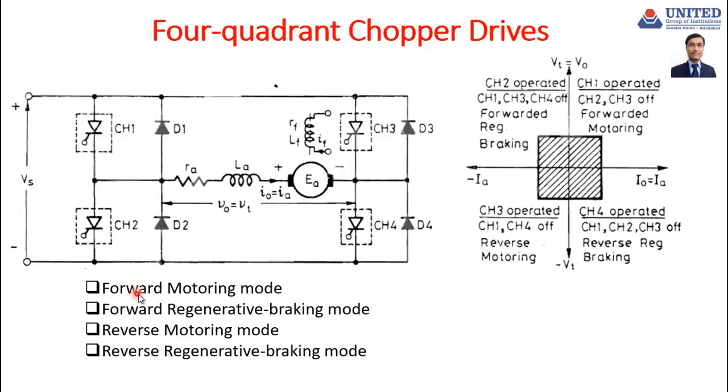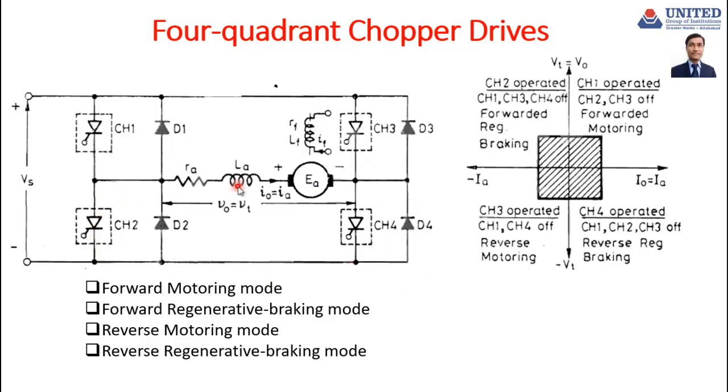When the semiconductor switches CH1, CH4 and CH3 are turned off and switch CH2 is turned on, then armature current increases and flows through switch CH2 and diode D4, like that.